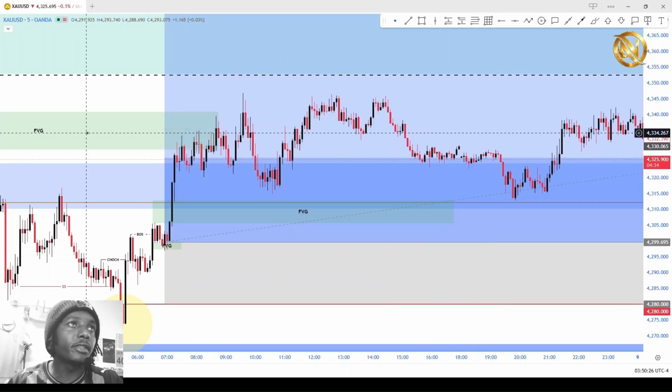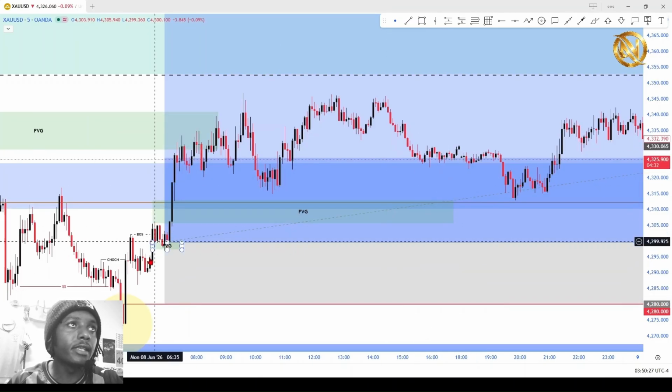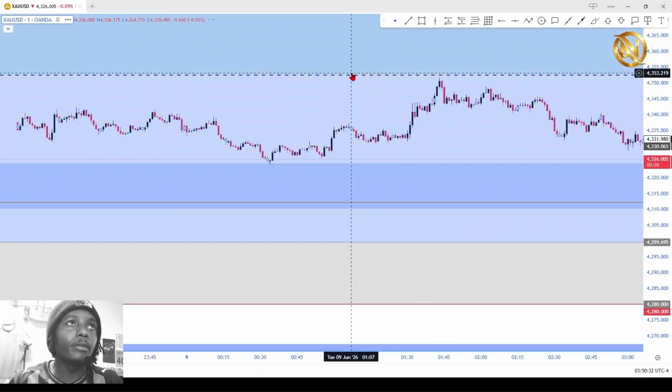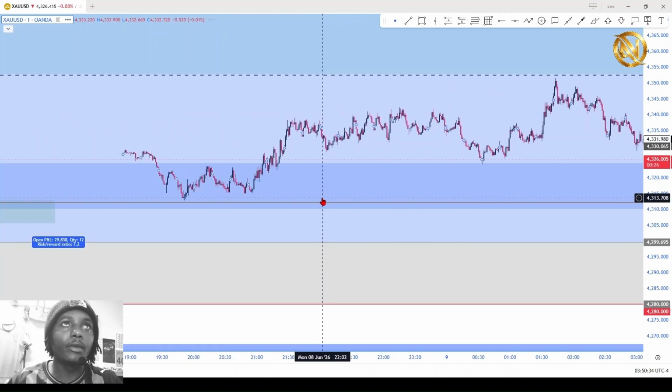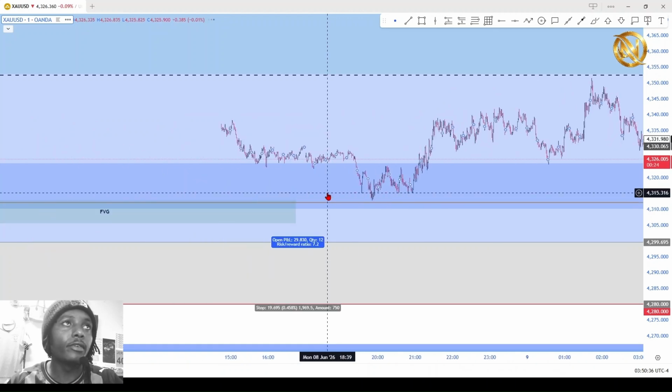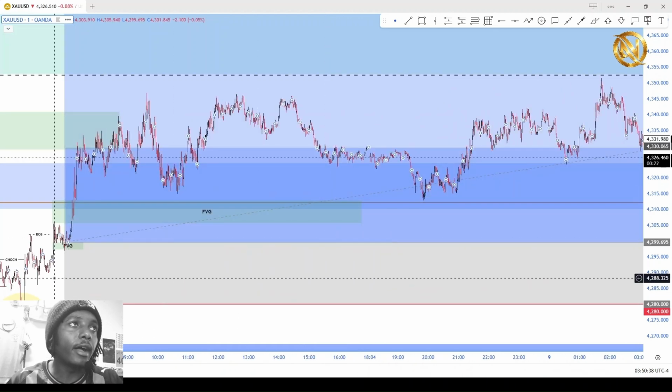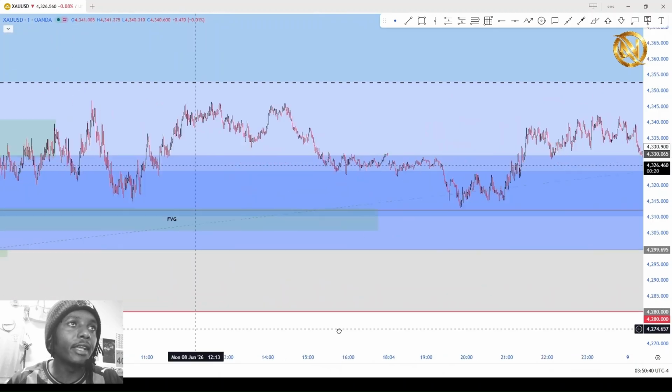So in this particular moment, we had this fair value gap, but when you scale down to the 1 minute, when you're looking for an entry level, you can scale down to even the second chart.